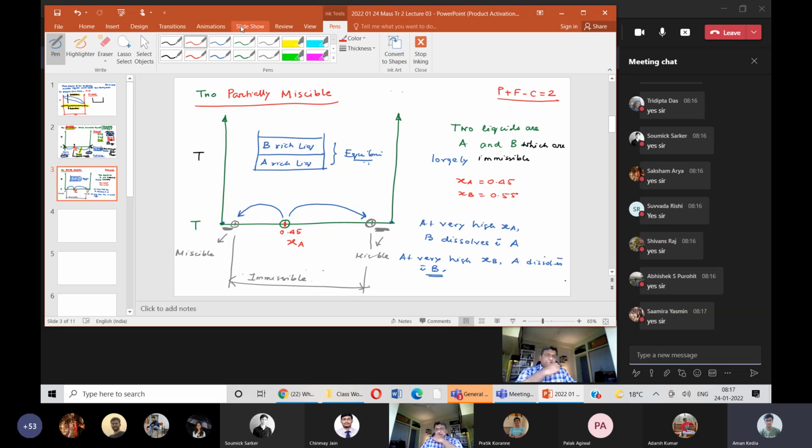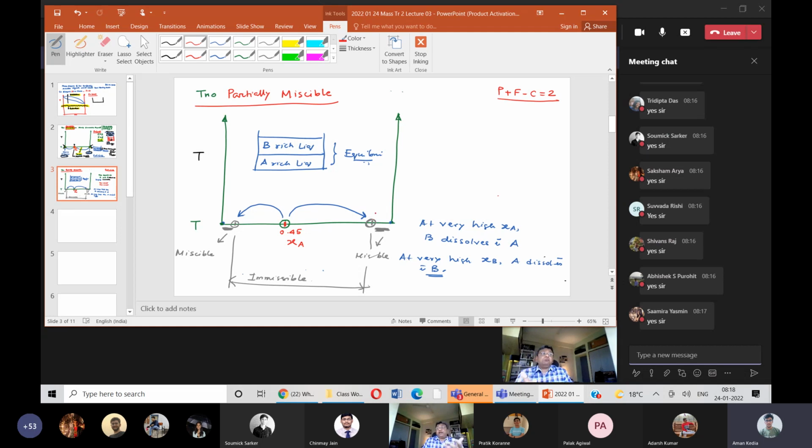Partially miscible system. So what does it mean? I have deliberately not answered one question. Nobody has picked it up, which is good. Partially miscible means that for a large range of concentration, they are immiscible, but when you have an extremely high concentration of A, B dissolves in it, so it forms a homogeneous mixture.